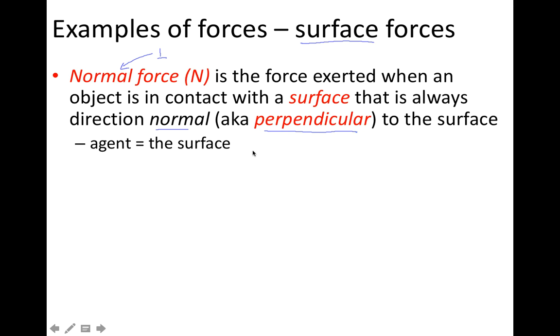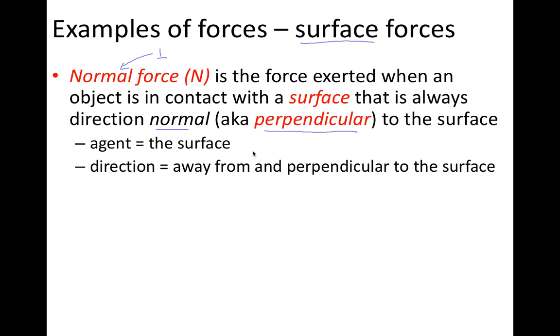So the surface is what exerts the force on the object, and the normal force is always directed away from the surface and perpendicular to the surface. So the orientation of the surface exerting the normal force is what dictates the direction of that normal force.